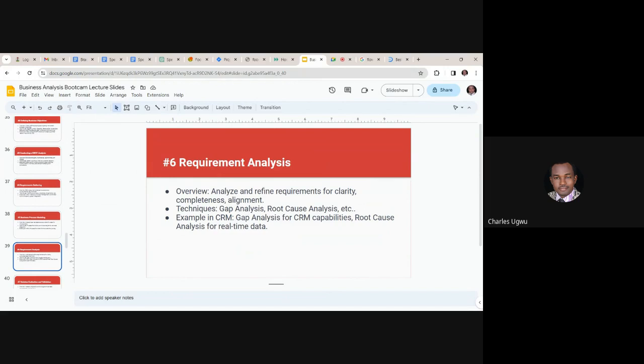During the analysis, we apply so many techniques. One of the techniques is what we call gap analysis. To carry out a gap analysis, you need to understand the current process and you need to understand the future process.